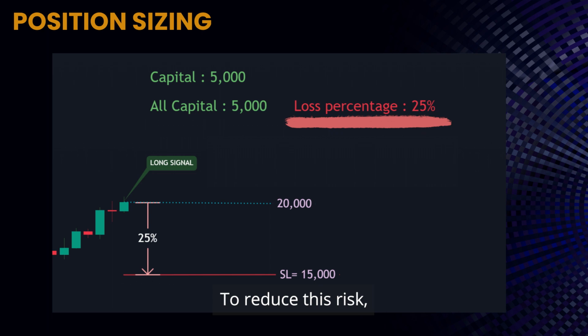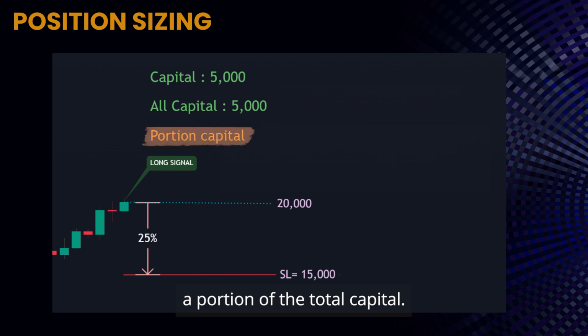To reduce this risk, one method is to only invest a portion of the total capital. One such method is the fixed volatility risk approach, which caps the total capital loss in any scenario.